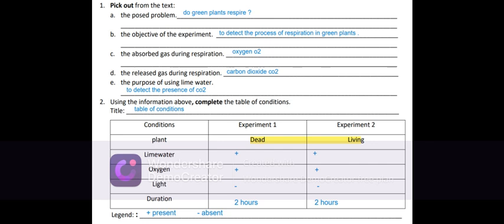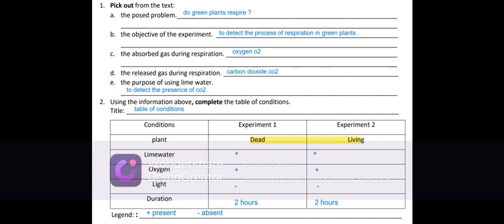Then we have oxygen, plus plus, both jars contain oxygen. Then we have light. Both of them were placed in the darkness, because I don't want the plant to do photosynthesis. I want it to be relaxed and I want to see if, in its relaxation, it respires or not.